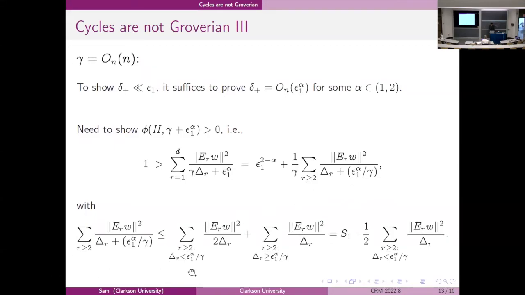So we separate it based on whether delta is smaller or delta is bigger. If delta is smaller, I can make the whole term bigger by doubling the delta here. And if delta is bigger, then I can just get rid of the epsilon 1 to the alpha over gamma, just ignore it, to make the whole term bigger.